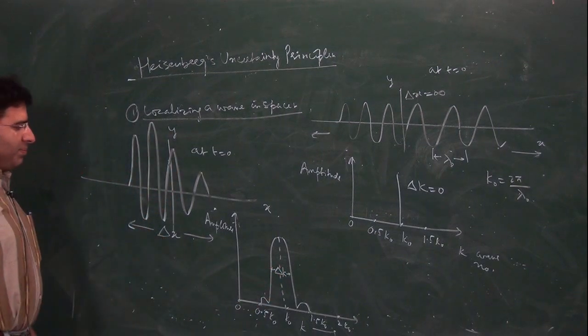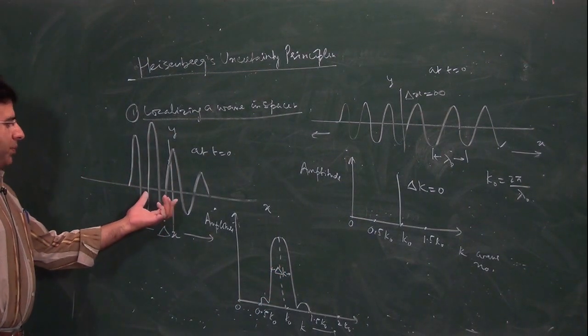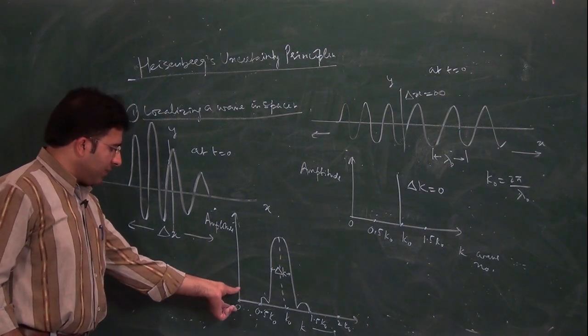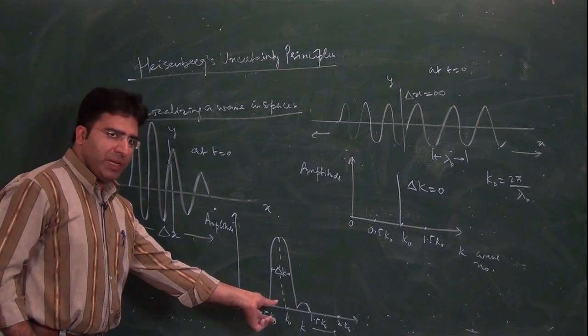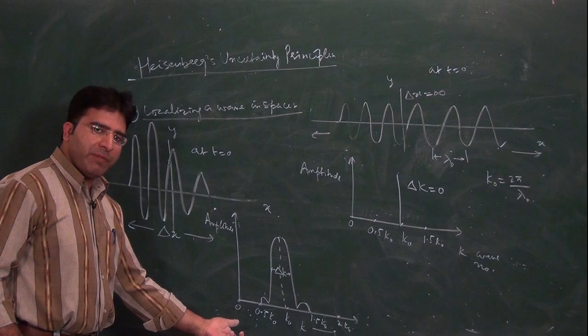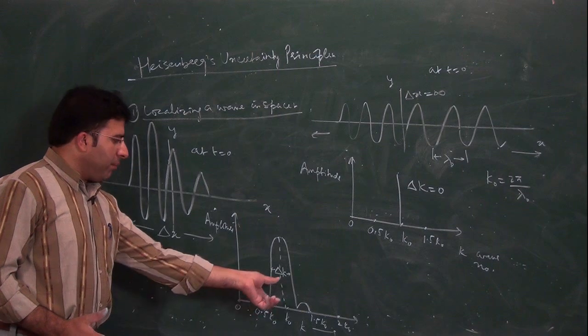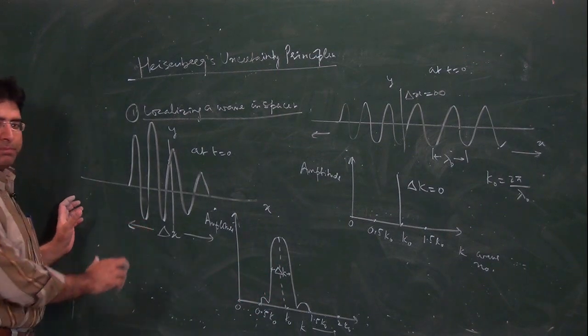This means to obtain this wave packet, we have mixed many waves having different amplitudes, many waves having different wavelengths, hence different wave numbers having different amplitudes, in order to obtain this.